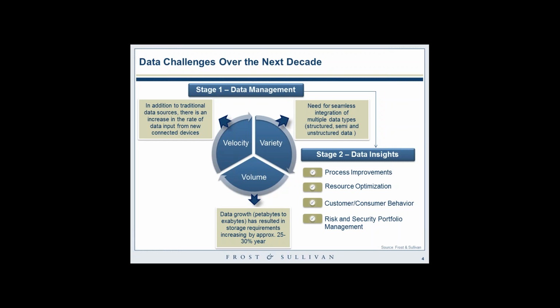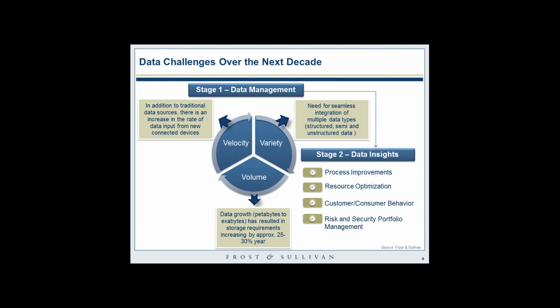Next is the challenge associated with data variety. In today's setup, the key to successful data-driven decision making is the organization's ability to extract intelligence from the information collected from all possible sources of data.